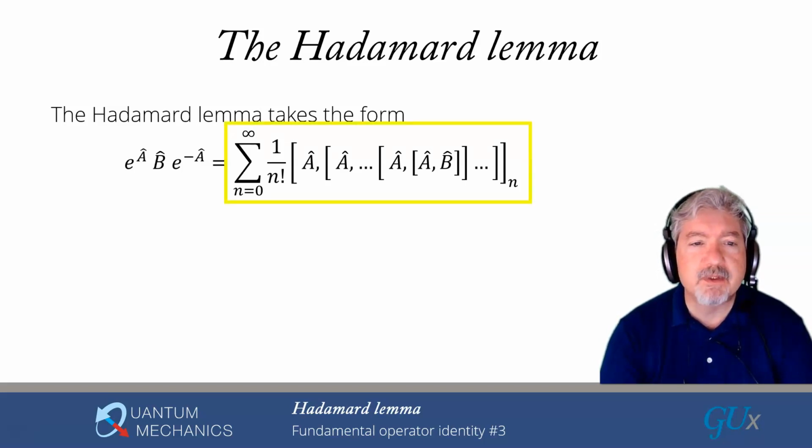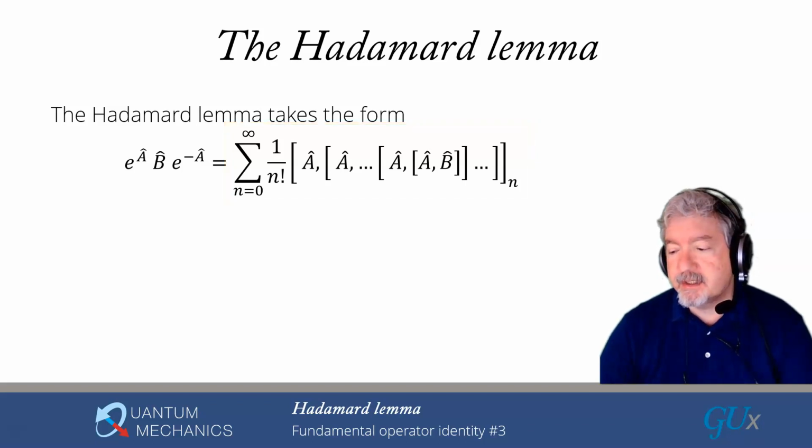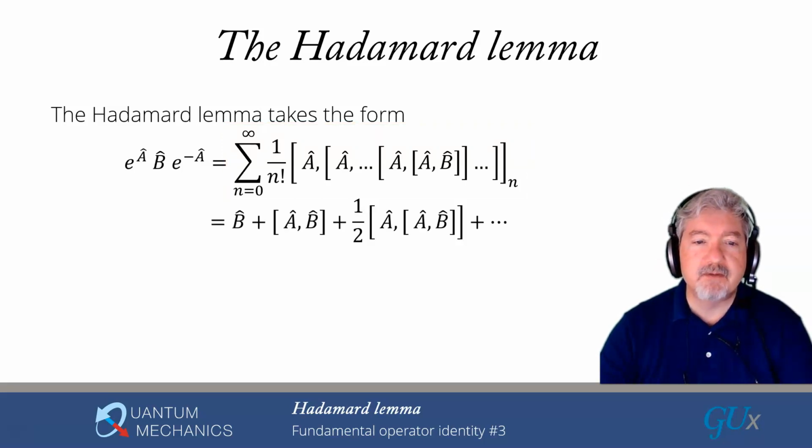It's a sum n equals 0 to infinity. There's a 1 over n factorial. And then there's an n-fold nested commutator of A's commuted with B in the center. And this is something that I'm sure many of you have never seen.